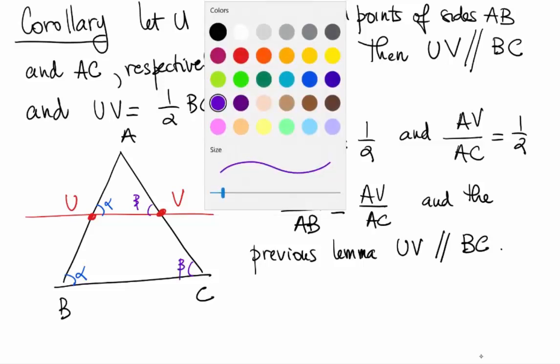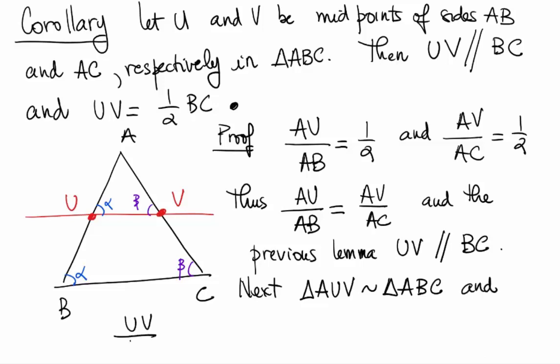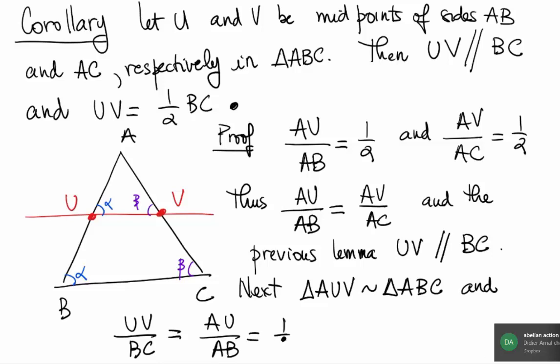So the point here is that triangle AUV is similar to triangle ABC, and UV over BC must then be equal to AU over AB according to the theorem which we just proved, and that's equal to 1/2.